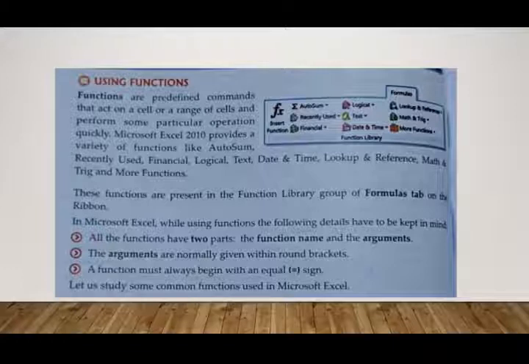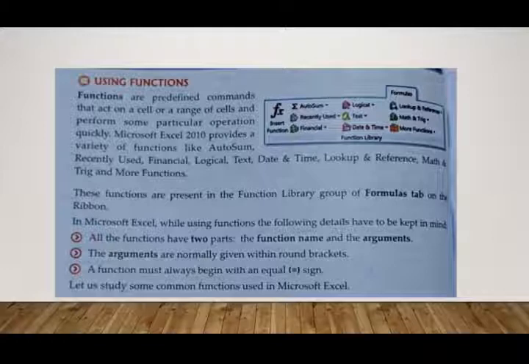In all the functions, that is formulas, there are three rules. Keep them in your mind. All functions have two parts: one is the function name, another is the argument. The function name is the formula you are going to apply in the cell, and the argument is the cell reference, from which value to which value you are going to apply the formula.